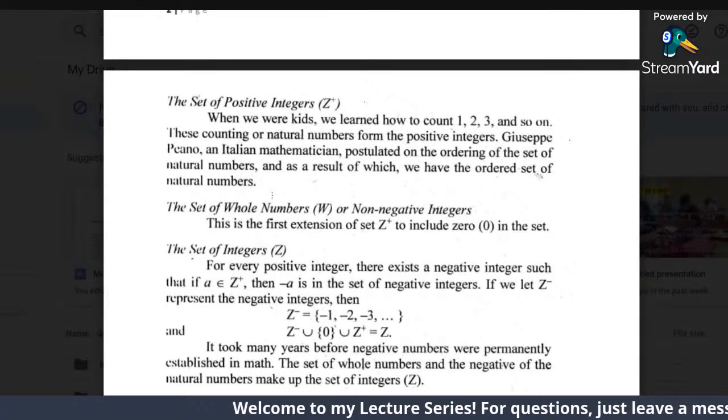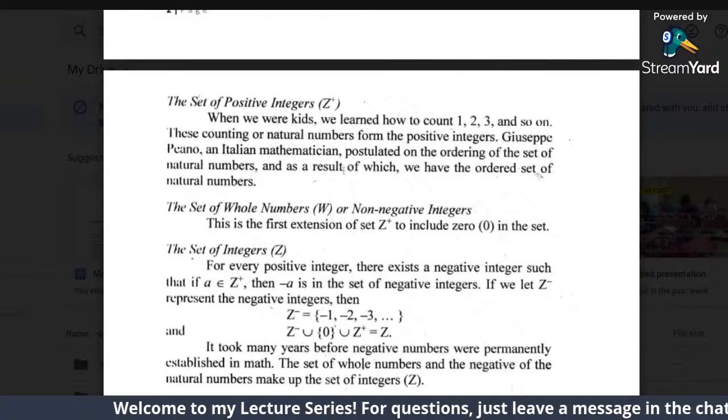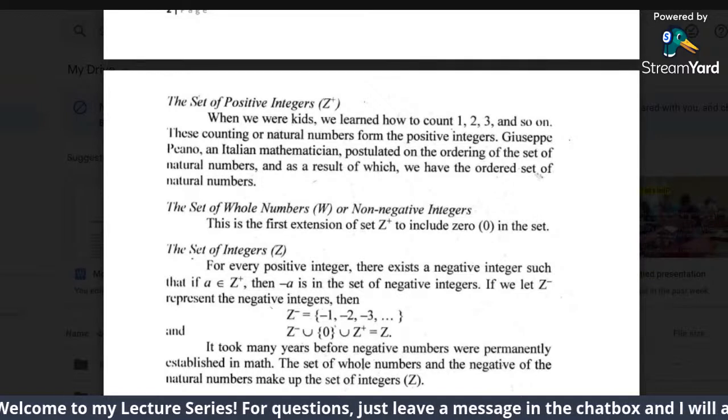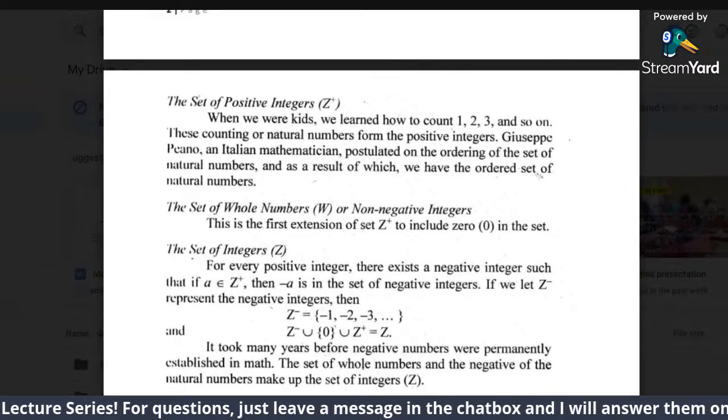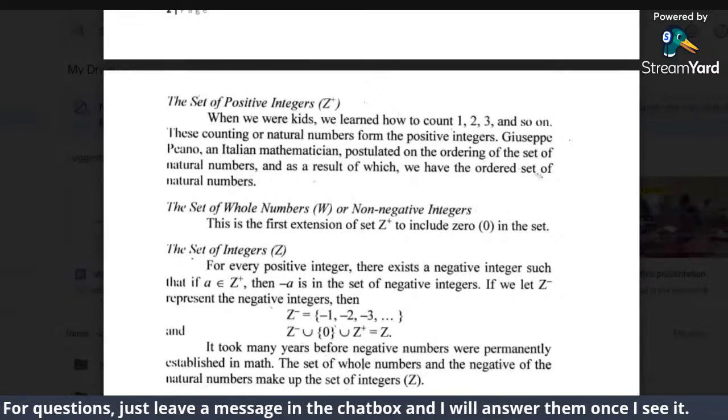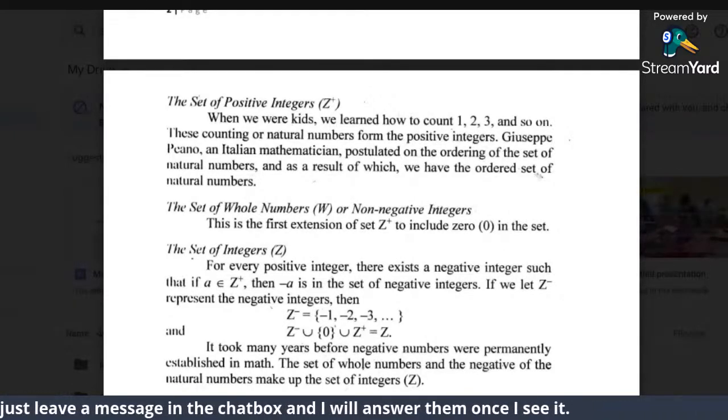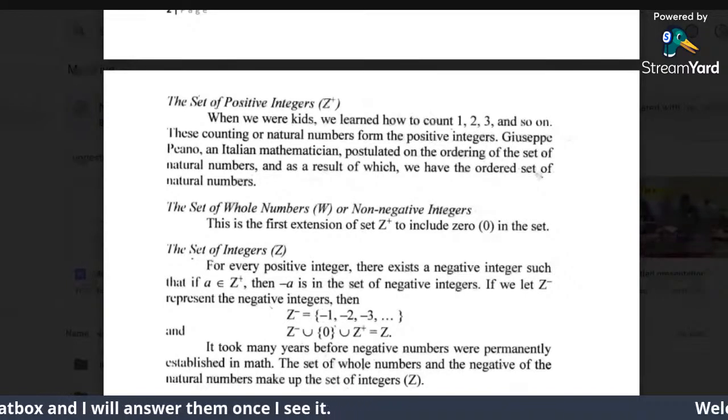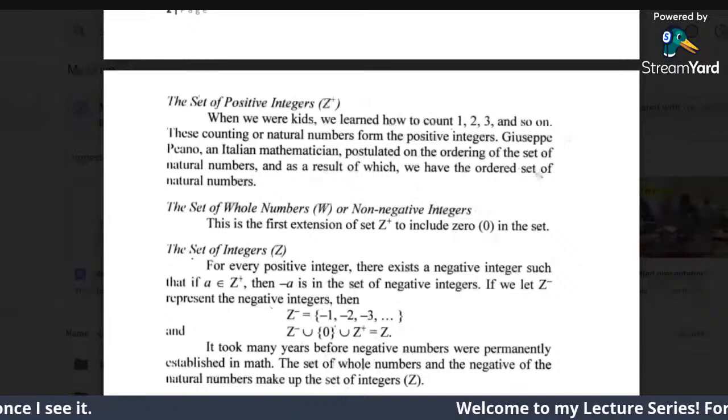So when we talk about positive integers, we talk about the counting numbers: 1, 2, 3, 4, 5, 6, 7, 8, 9, 10, and so on, up to positive infinity. These are counting numbers.